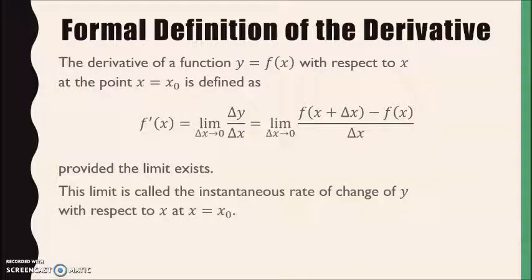This limit is called the instantaneous rate of change of y with respect to x at x equals x sub 0. So this equation is actually the formula that we will be using to find the derivative of functions.